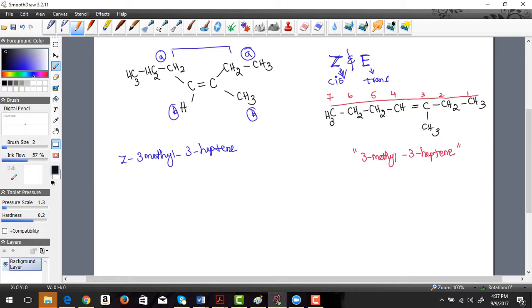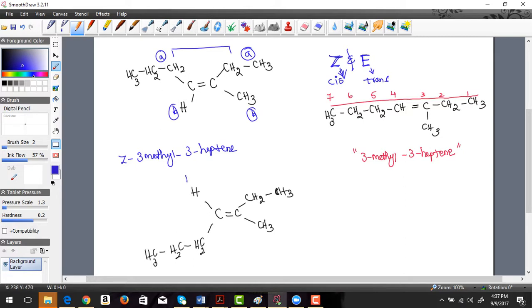Now let's look at the other way around. Let's get our black. C double bond C. As I said, I will only flip one side. If I flip both sides, then I'm going to have the same compound again, right? Logically, you should have no difference. So I just flipped this group to the bottom and the hydrogen to the top. So now let me get my blue.